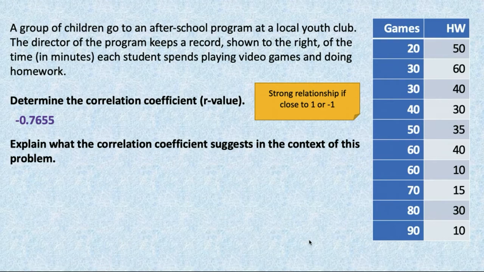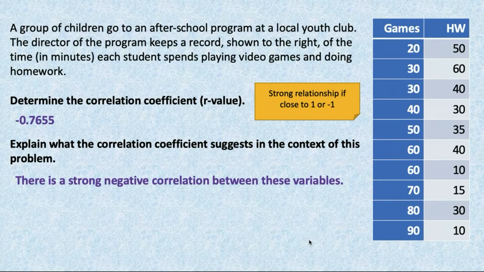So here's our R value, and remember, an R value identifies there is a strong relationship between the variables if it is either close to +1 or close to -1. If it's close to +1, that symbolizes a positive correlation. -1 symbolizes a negative correlation. So in this case, our R value is pretty close to -1, meaning there is a strong negative correlation between these variables.